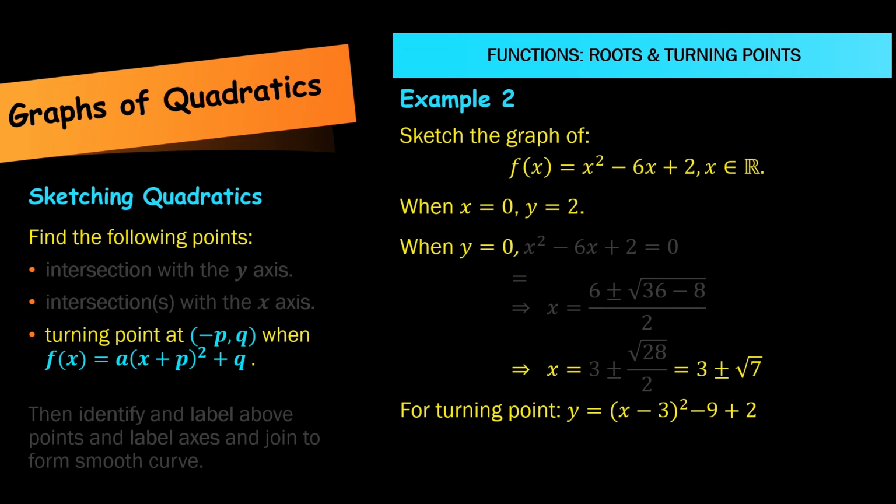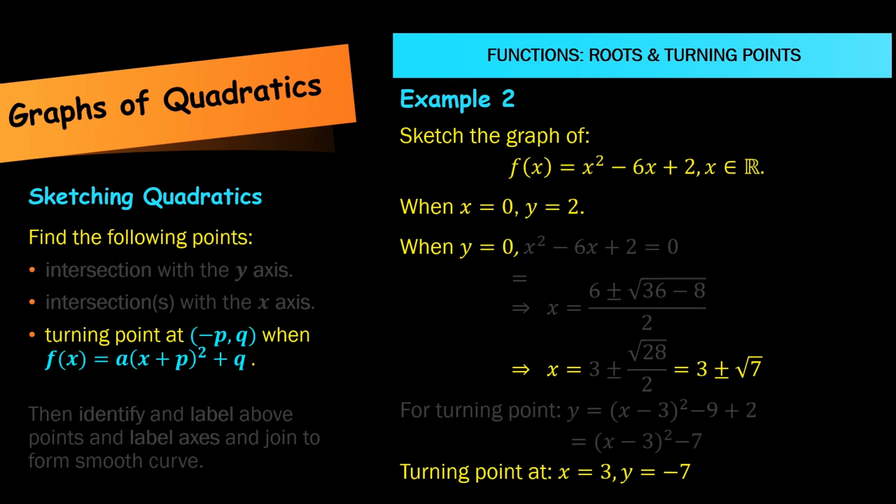So when we apply this, we can see that y is equal to x minus 3 all squared minus 9 plus 2. And then tidying up gives us x minus 3 all squared minus 7. So our turning point is at x equals 3, because that is when x minus 3 all squared equals 0, and y equals minus 7.